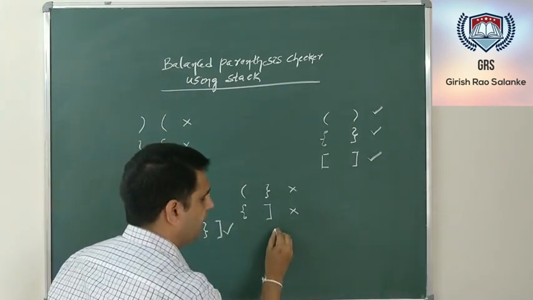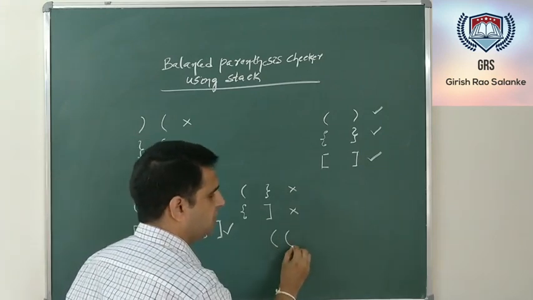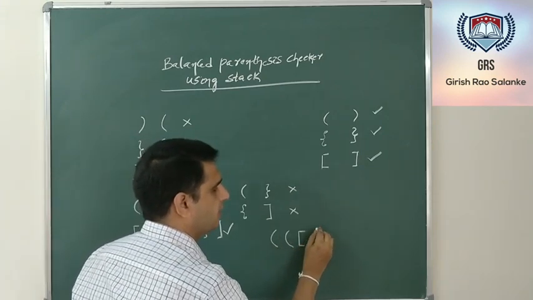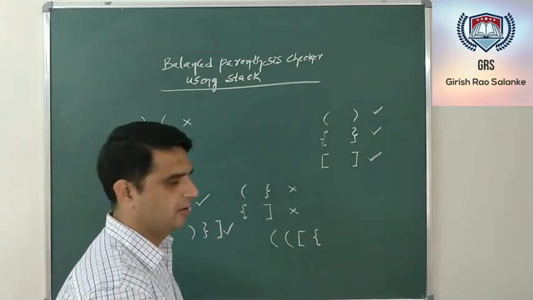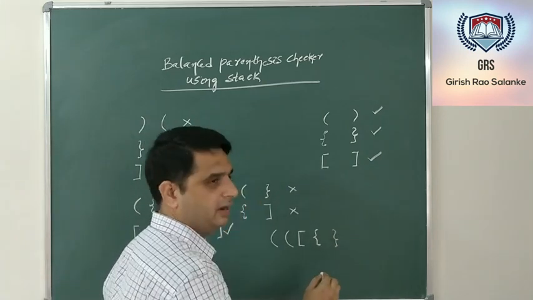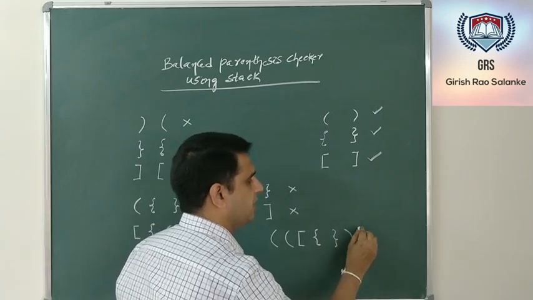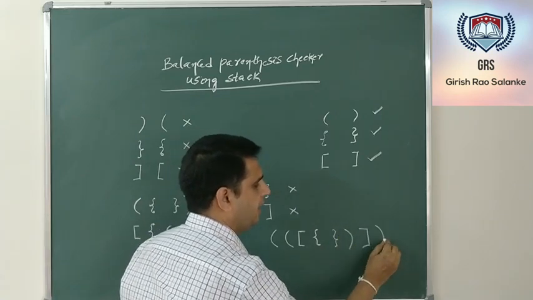Now if I have a left parenthesis, a left angle bracket, a left flower bracket followed by a right flower bracket, then a right parenthesis, a right angle bracket and a right parenthesis.